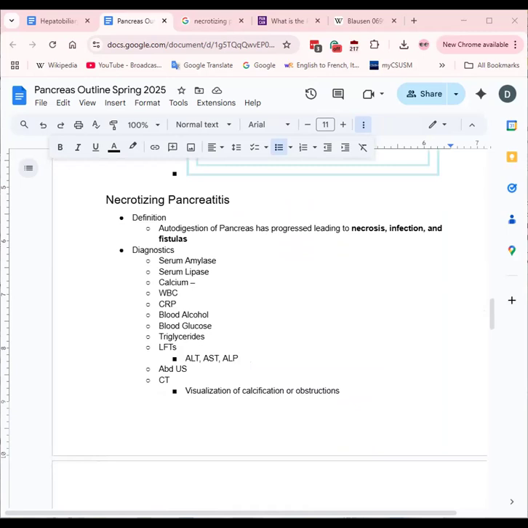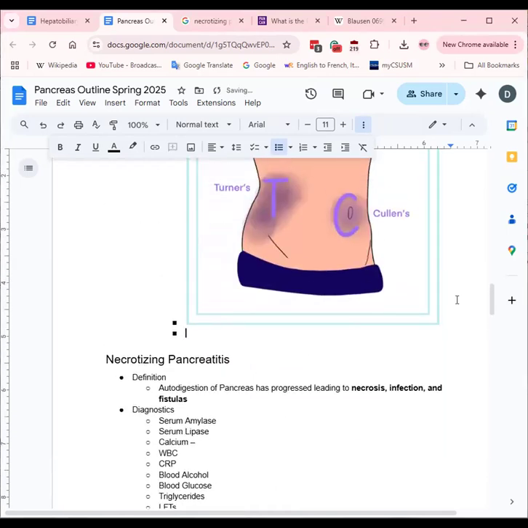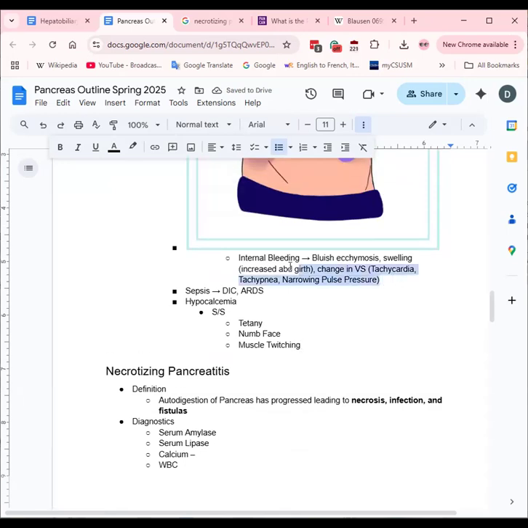So now, let's see what else we got here. I guess I have a few more things for necrotizing pancreatitis. So this is internal bleeding, like I mentioned. Some of the things you can expect with internal bleeding are ecchymosis and swelling, so an increase in abdominal girth.